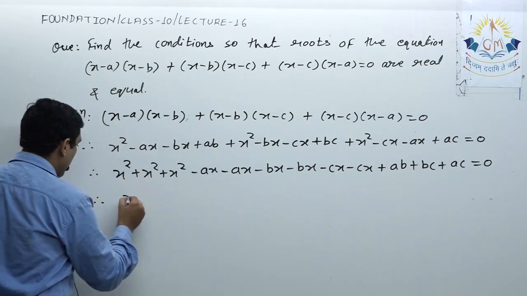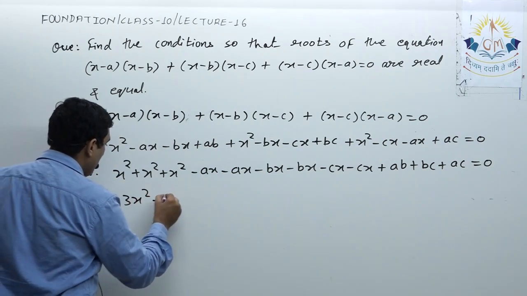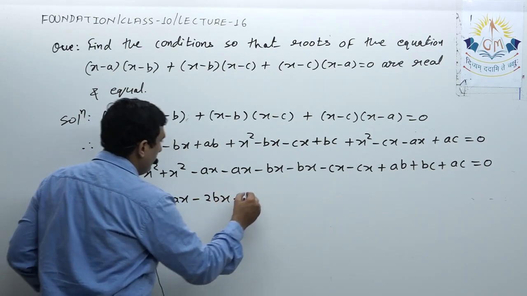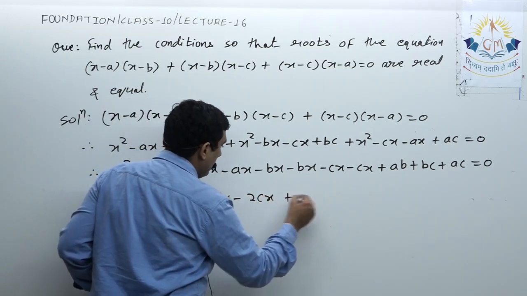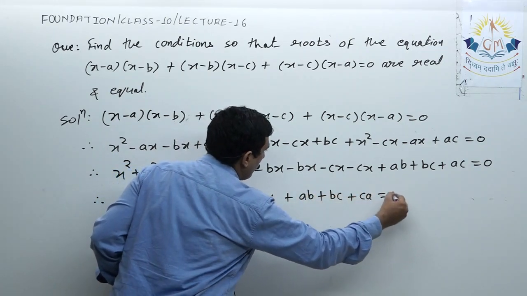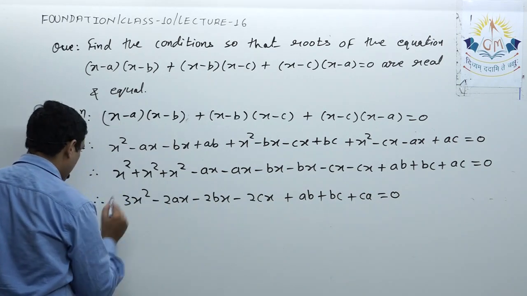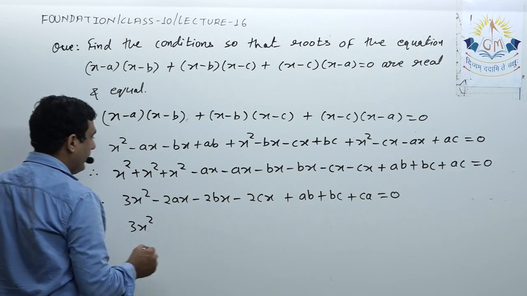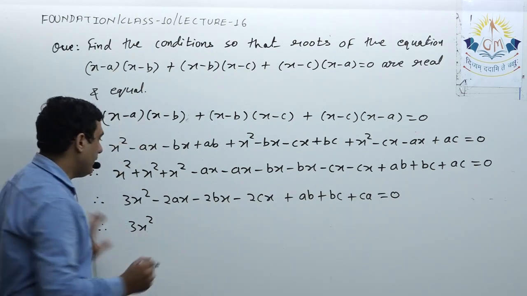So over here I will get 3x square minus 2ax minus 2bx minus 2cx plus ab plus bc plus ca is equal to 0. Finally I am going to write the term in the standard form.